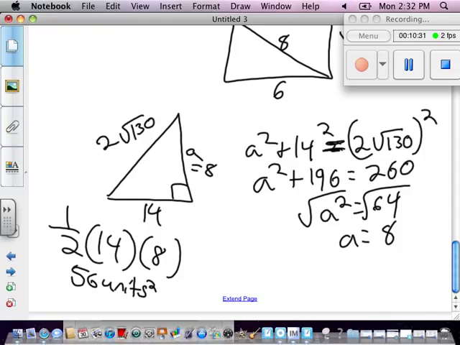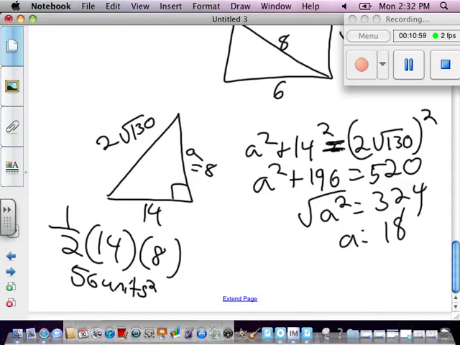You do get 520. Thank you. This should be 520. Good catch. We square root 520. Please don't talk while I'm talking. Please don't have side conversations. I have 520 minus 196. I get 324. The square root of 324 is 18. So we change this from 8 to 18. 18 times 14 divided by 2 gives me 126 units squared.